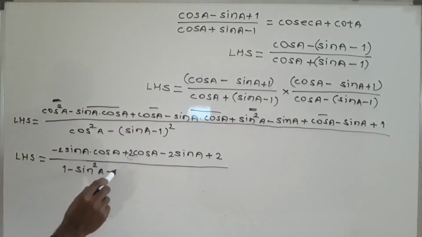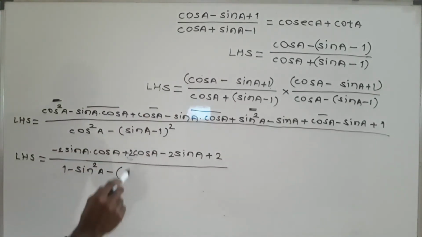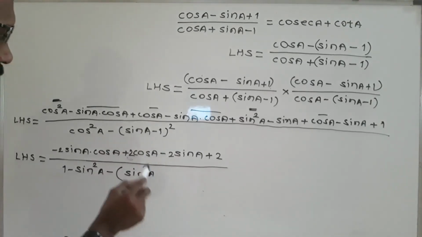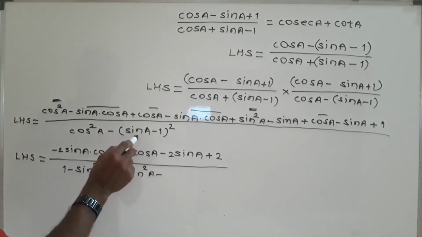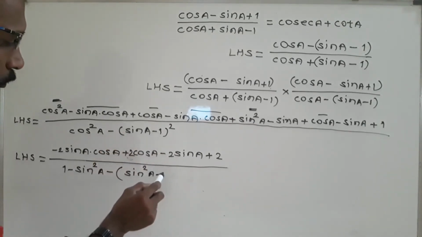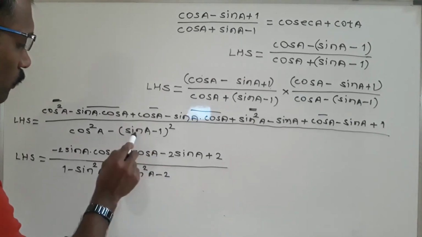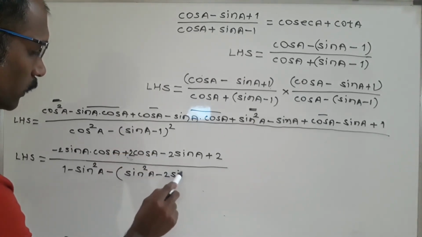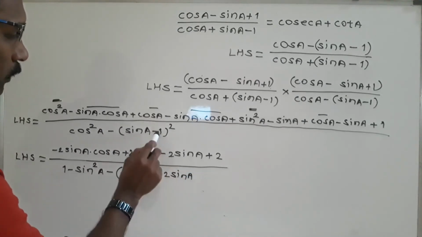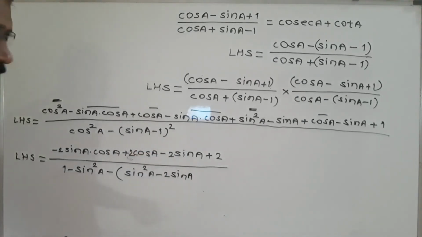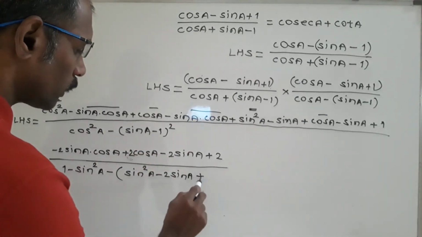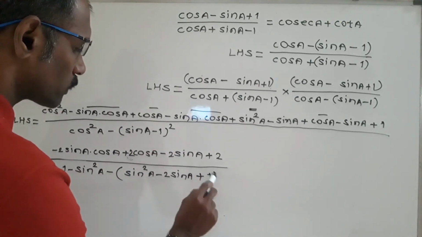Then here, the expansion of minus (A minus B) whole square means A square, here sin square A, minus 2AB, here minus 2. Suppose this is our A, which means sin A, and this is B, which is 1. There is no need to write plus B square, here 1 square.